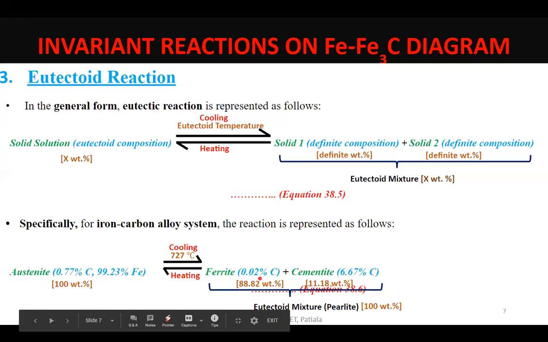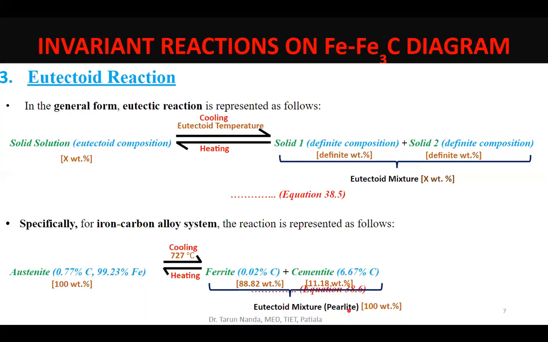Maximum carbon which can be accommodated in ferrite is 0.027 percentage, and we know that happens at 727 degrees centigrade. The other phase formed is 6.67 percentage carbon cementite. So rather specifically, this is called eutectoid ferrite and this is eutectoid cementite, and this mixture is called pearlite because it appears like a pearl under an optical microscope when we try to view it.